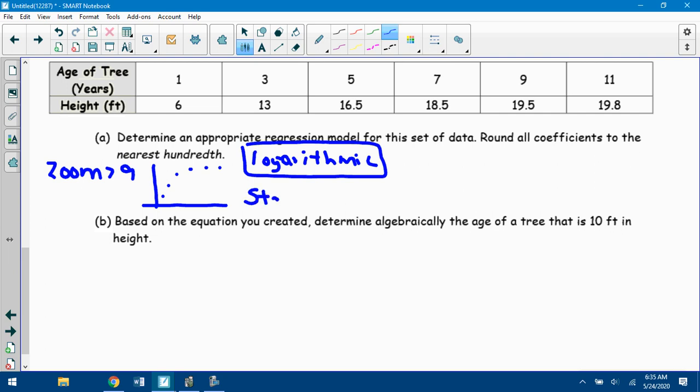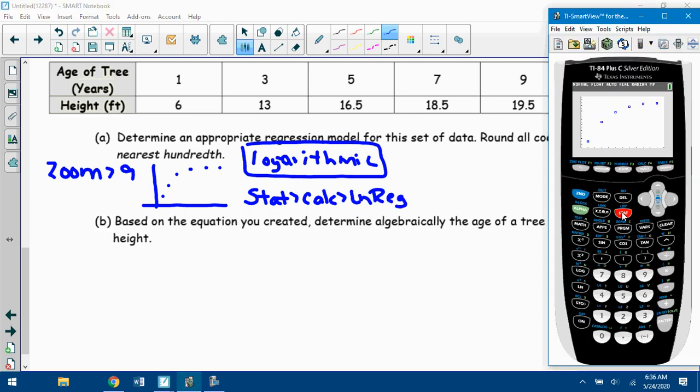We're going to go to Stat, Calc, LN regression. So Stat, Calc, LN reg is choice 9. And we want to round everything to the nearest hundredth, so it's going to be 6.33 plus 5.98 ln of x.